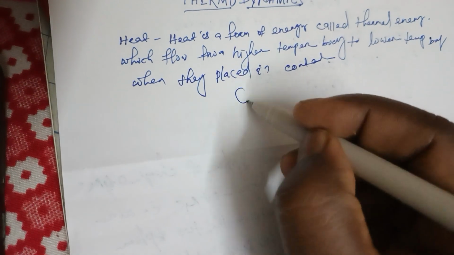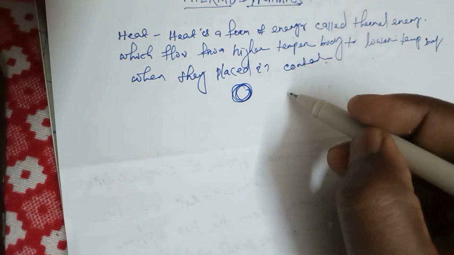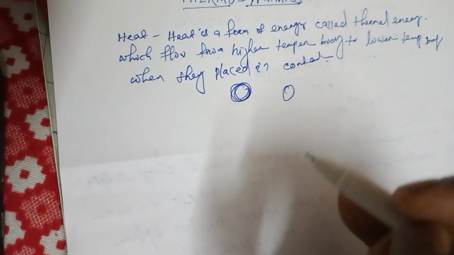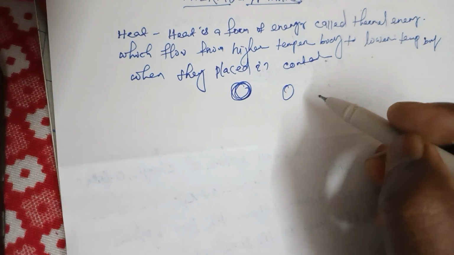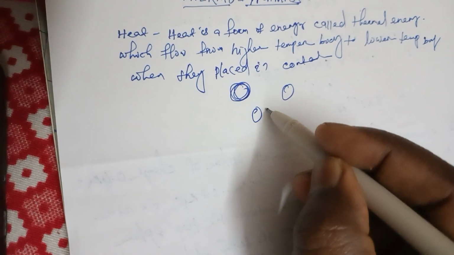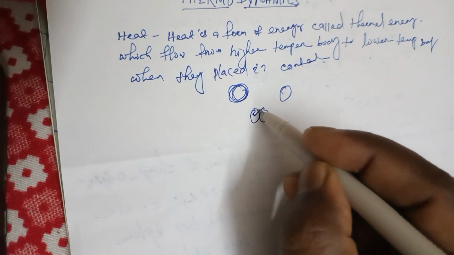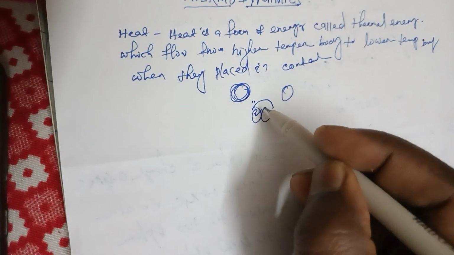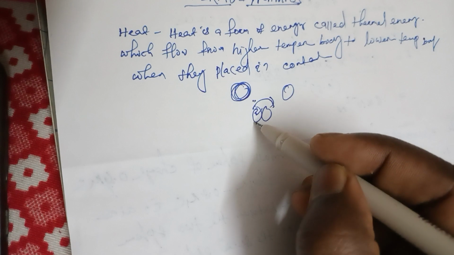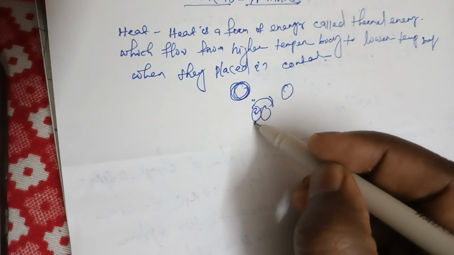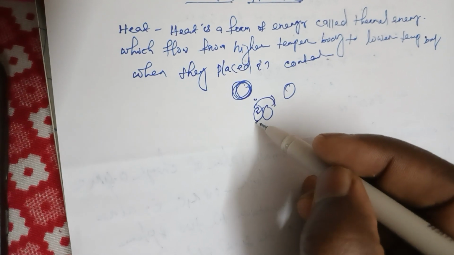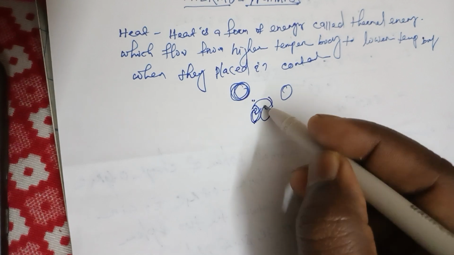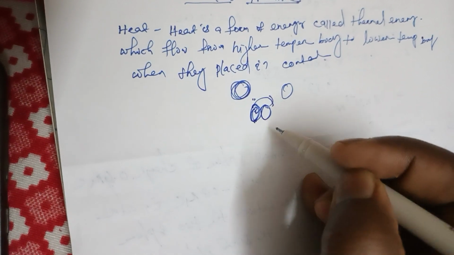This is a hotter body, this is a colder body. If they come in contact, then heat flow will be from the hotter body to the cold body, and heat flow will stop when the temperature of the two bodies becomes equal.